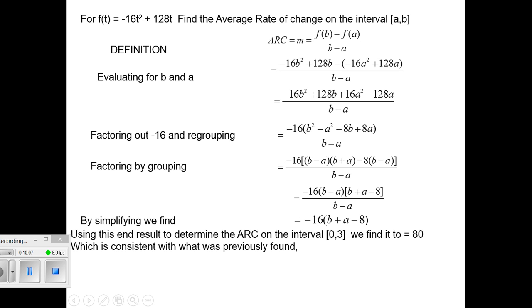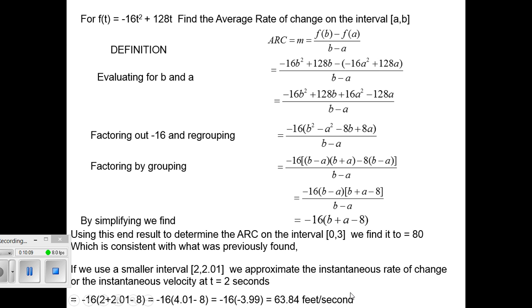Okay? And if we wanted to do that on a smaller interval, we would be moving our average rate of change closer to the instantaneous rate of change. And so if we took the interval very small, from 2 to 2.01, that is, find the average rate of change over a hundredth of a second, okay, that's what this interval is. It's just a difference of a hundredth of a second.